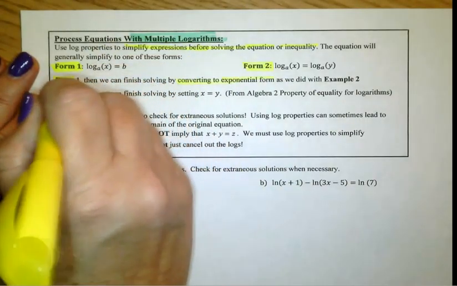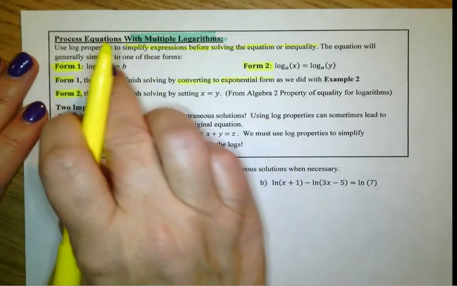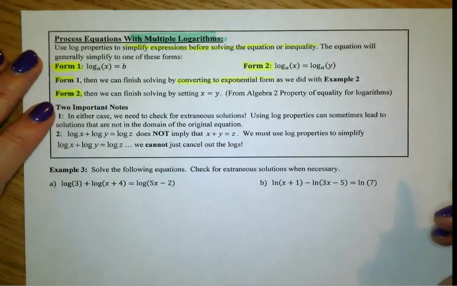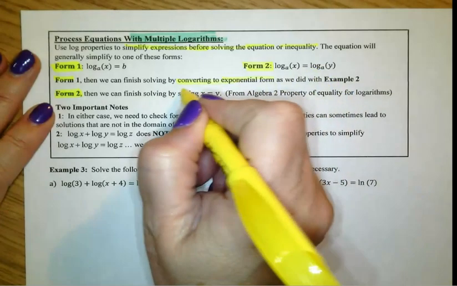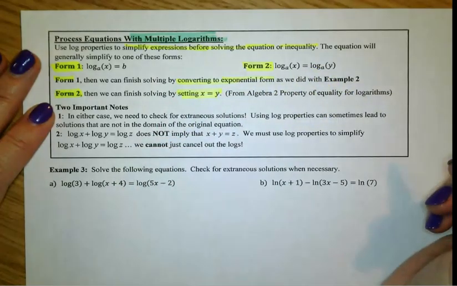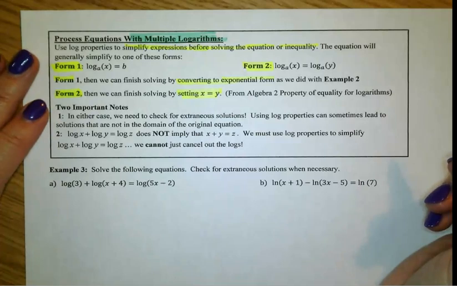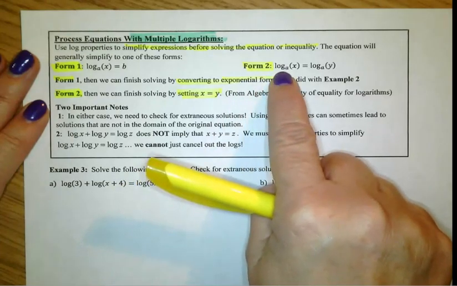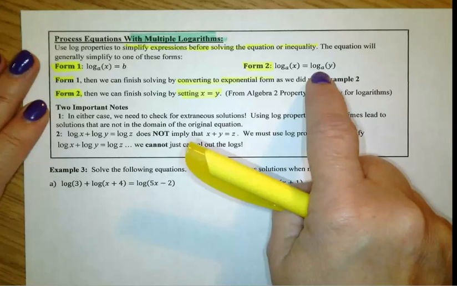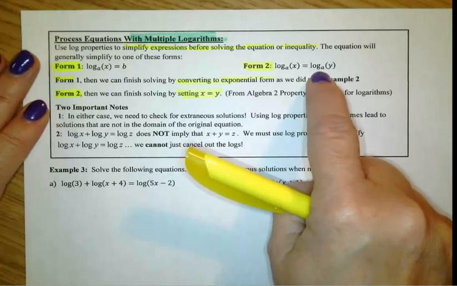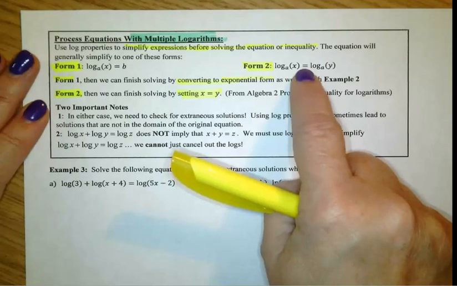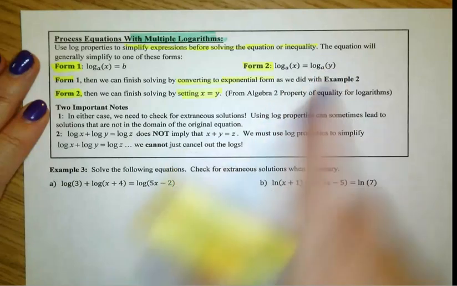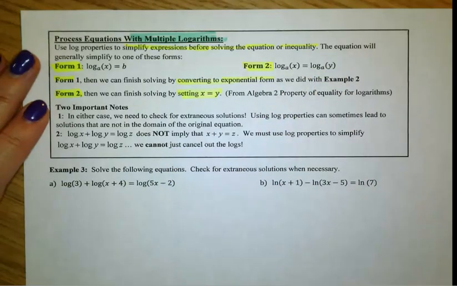If it's form 2, however, it's not going to simplify into this form. So we finish solving by setting x and y equal to each other. This is the Algebra 2 property of equality of logarithms. If you have a log with some base on one side of the equal sign, and on the other side the exact same log with the exact same base, then for the equal sign to be true, this x and this y have to be equal to each other.